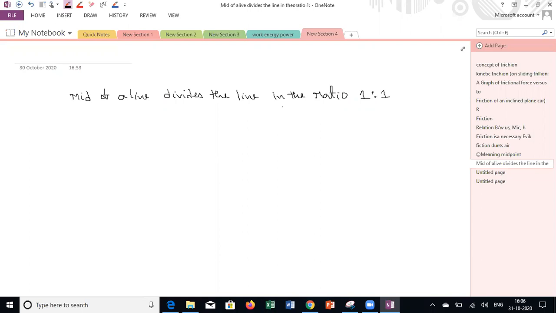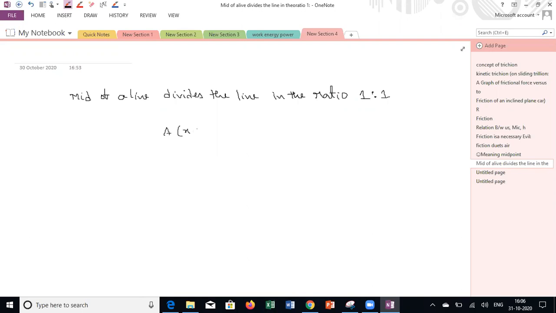In future, you can use the midpoint formula straight away, but don't use the midpoint formula directly for 4 marks questions. You can use it for 2 marks and 1 mark questions because it's not part of the syllabus.